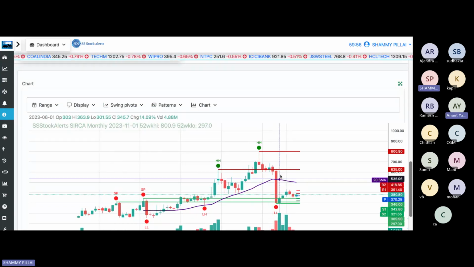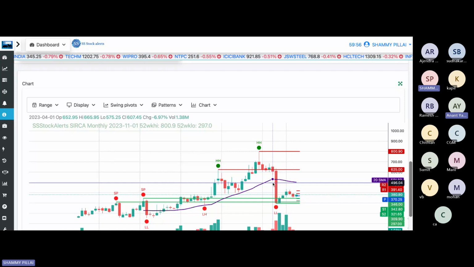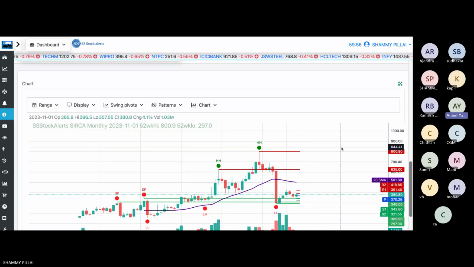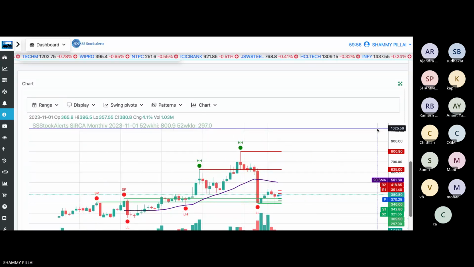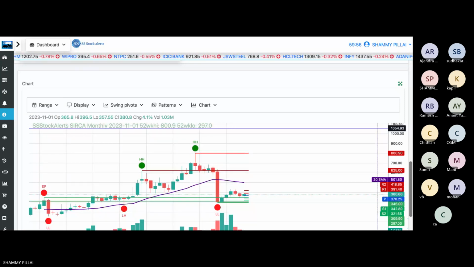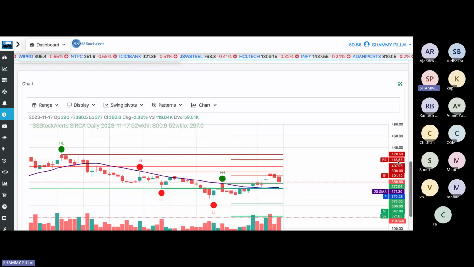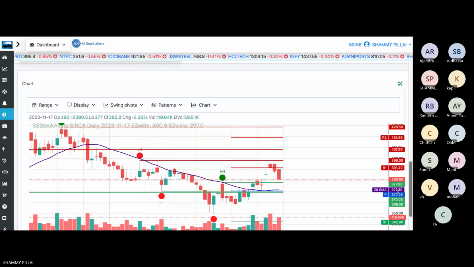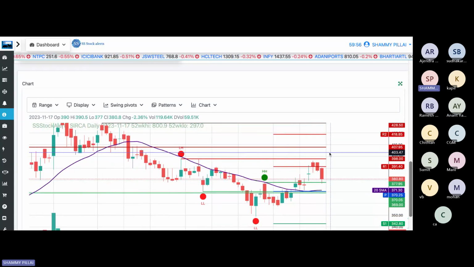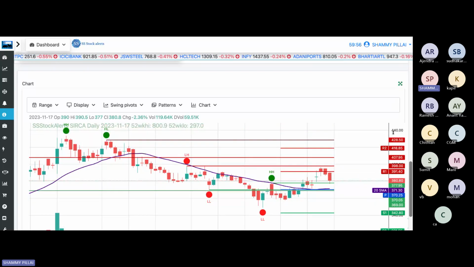Now, to check why the stock has fallen this much. No, the trajectory is very weak. If you are a full holder, please don't buy this.